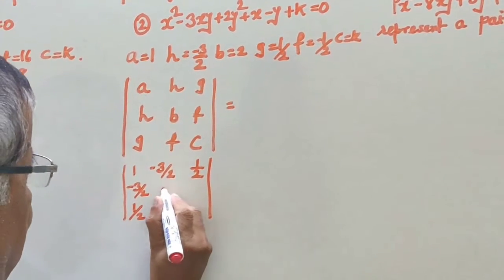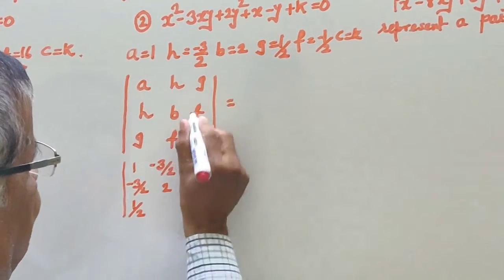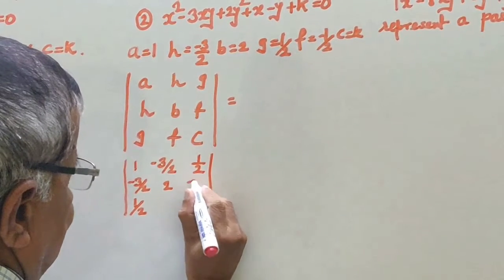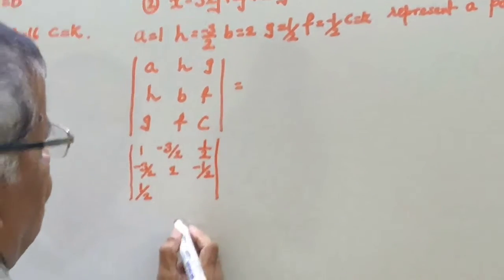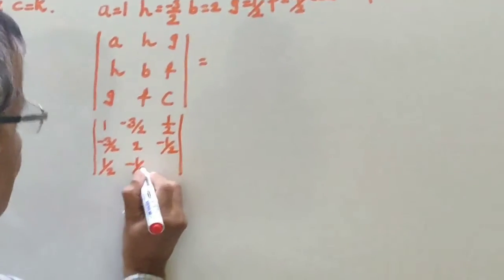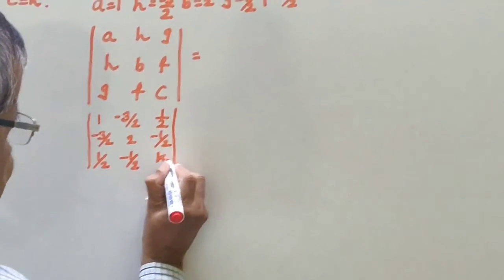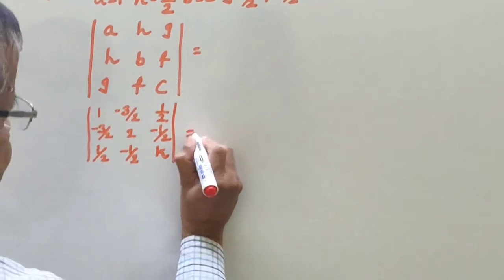Then h is minus 3 by 2, b is 2, f is minus 1 by 2. And g is 1 by 2, f is minus 1 by 2, and c is k, equal to 0.